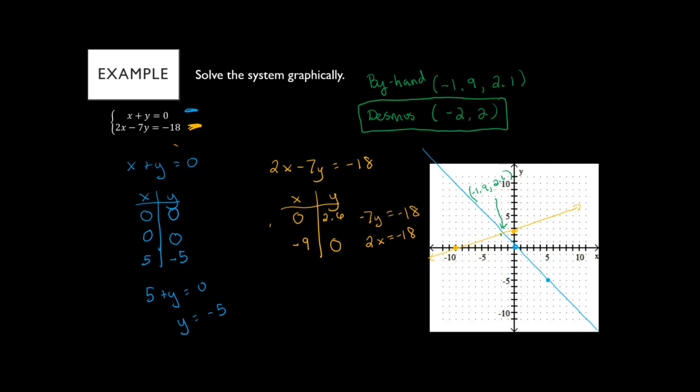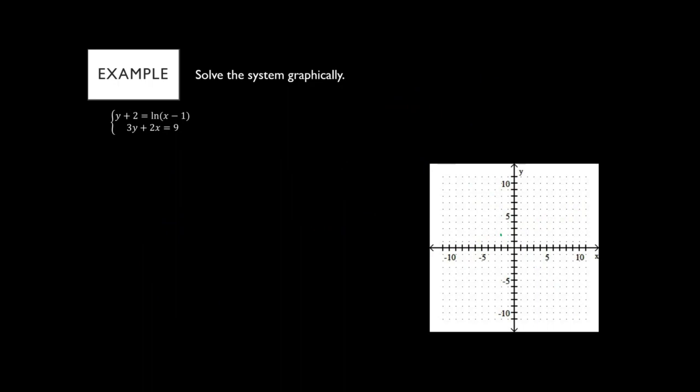Are there any questions? Okay, and this is a good situation where solving using substitution or elimination would be more accurate, because you'll get the exact answers that way versus graphing.